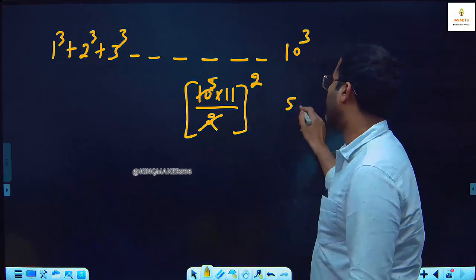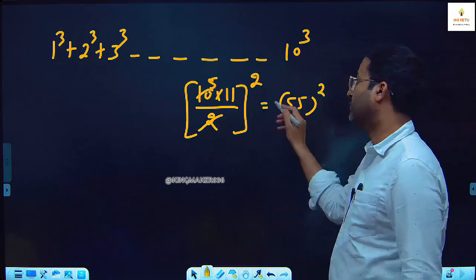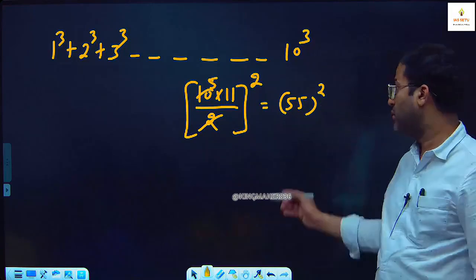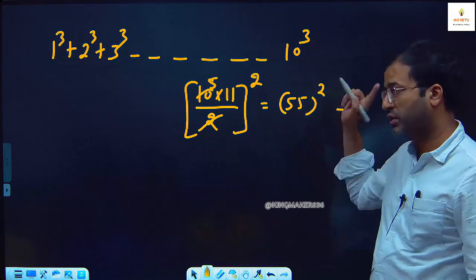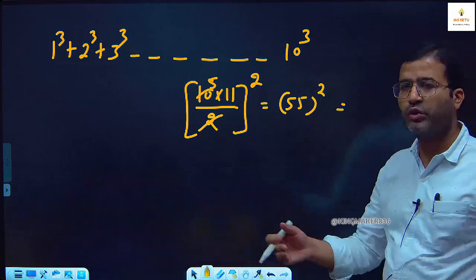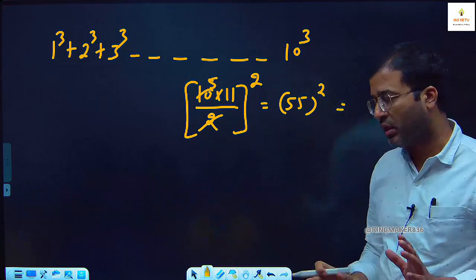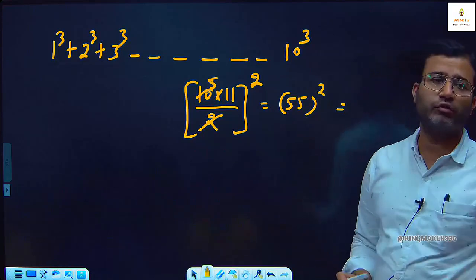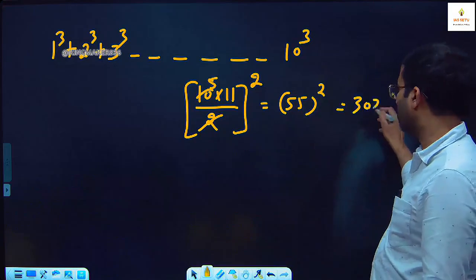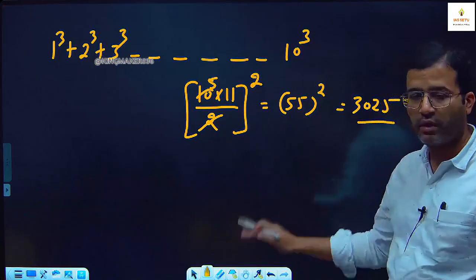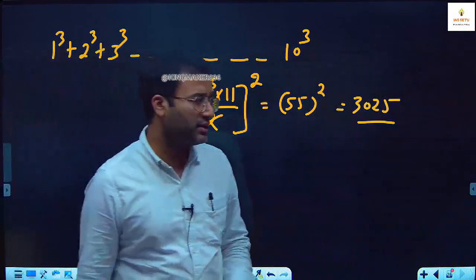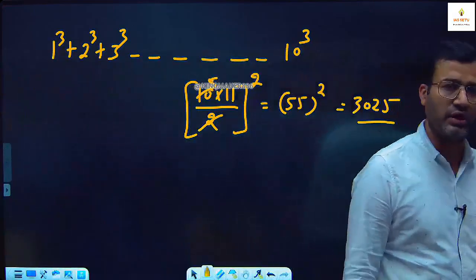So this is 55 square. What is 55 square? That we will discuss, squares up to 125 square, I will discuss how we can calculate fast. It is 3025. Many of you know it well enough, but I will discuss later. Not in as much detail as for SSC banking aspirants, but as much as required, that I will discuss.